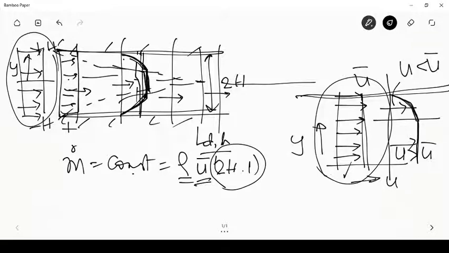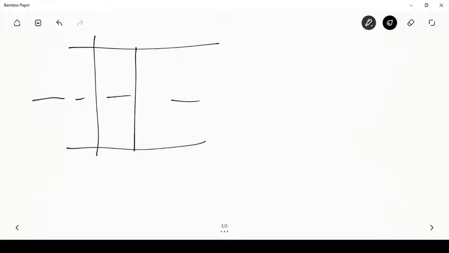So if I take an XY plot of this kind and plot all the velocities in one go, okay, so this is the lower plate and this is the upper plate, let us say, so this is y equal to 0. Then at the inlet the velocity profile is this, so this is u versus y.